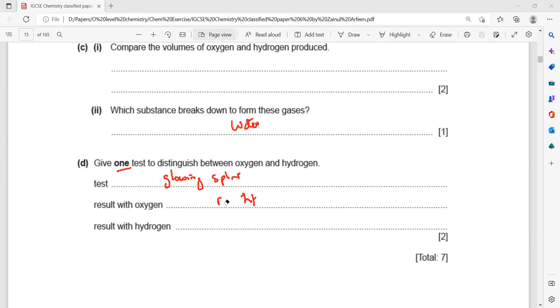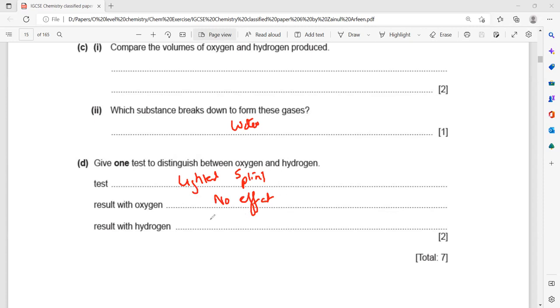And if you write a lighted splint, what will happen? No effect is acceptable because a lighted splint is a test for hydrogen.